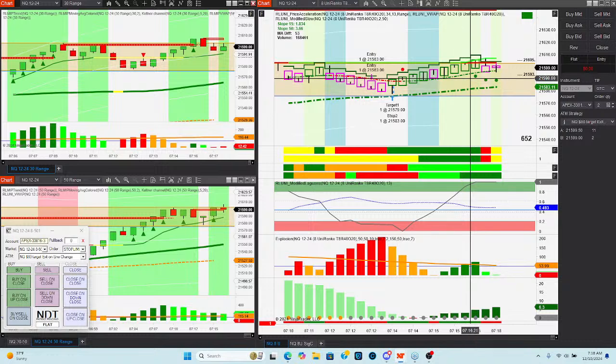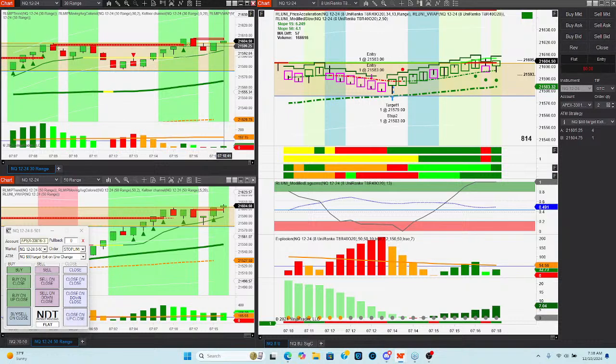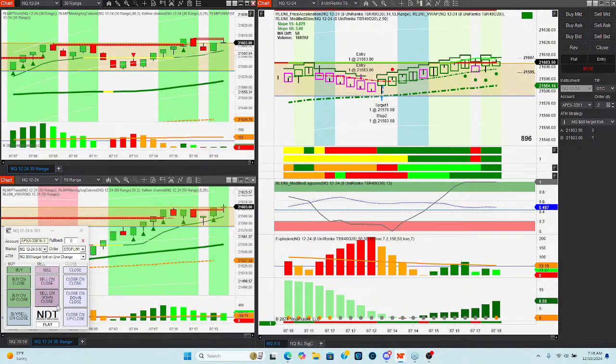Okay, so we're still kind of floundering in this block area. We got to get through this. Here we go.